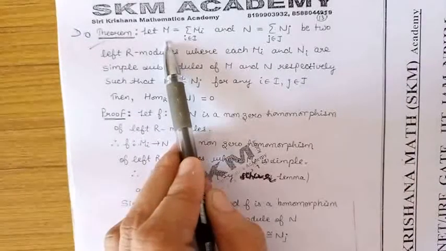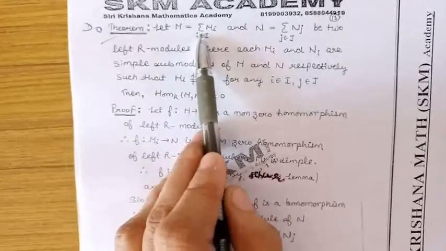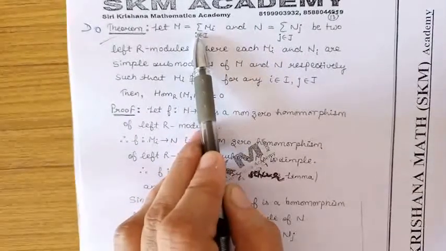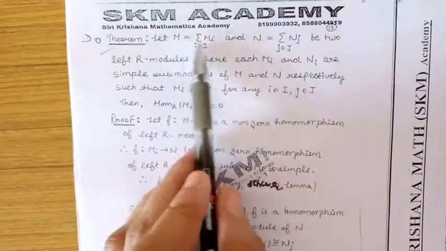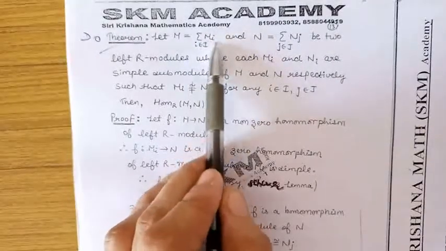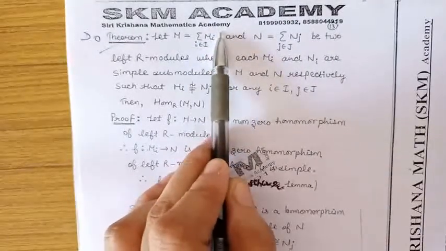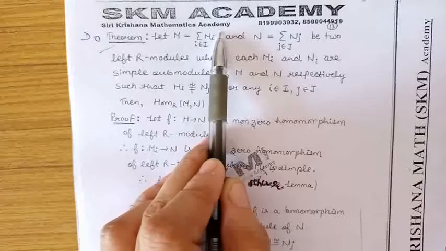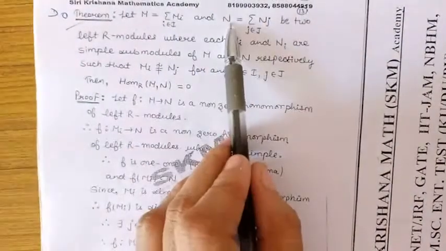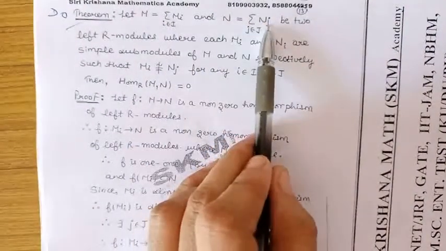M is a sum of simple modules. M is the summation of Mi, and here each Mi is a simple submodule of M. Also N we have taken as the summation of Nj.